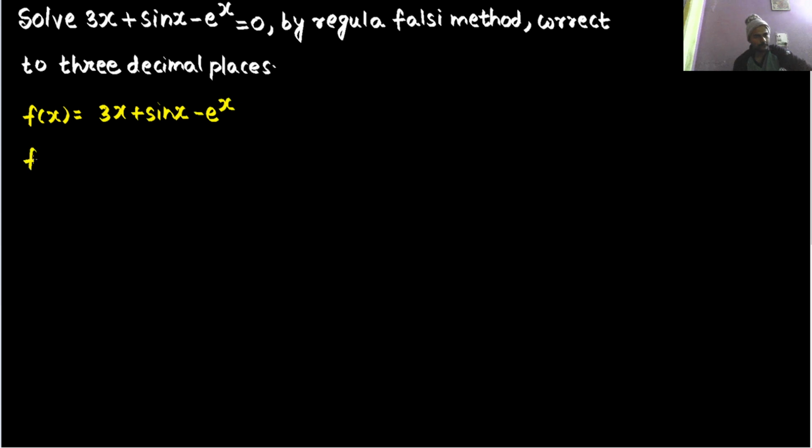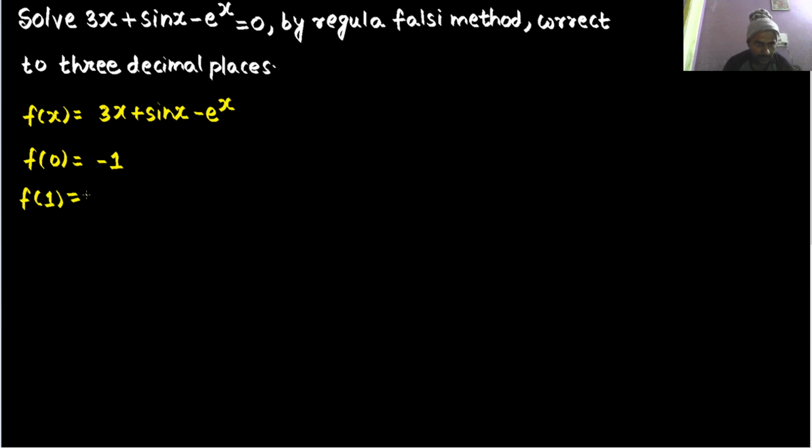Now if you check f of 0, that will clearly be equal to minus e power 0, which is minus 1. F of 1, if I check, after fixing it to radians, make sure that you do so.